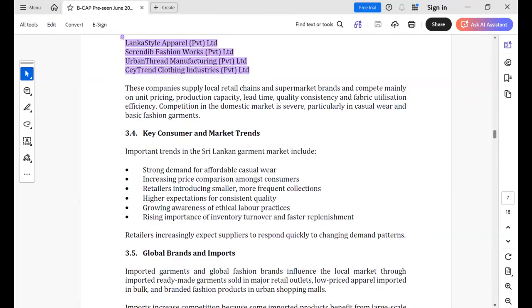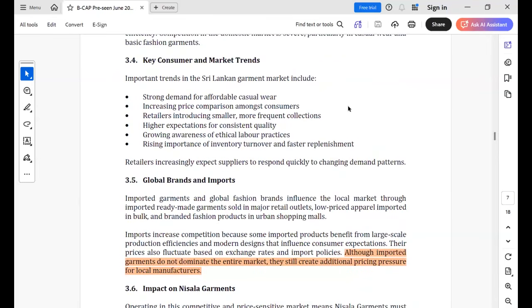Key consumer and market trends. Important trends in the Sri Lankan garment market include strong demand for affordable products, because the target is the mid-level market, right? Increasing price comparison among consumers. So before you go, or after you go and select a particular garment, you always compare, no?